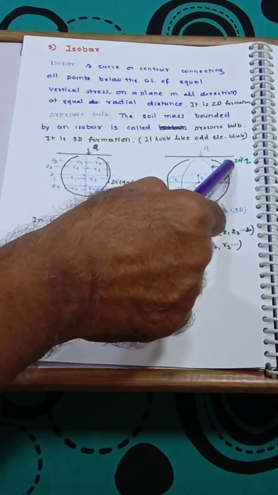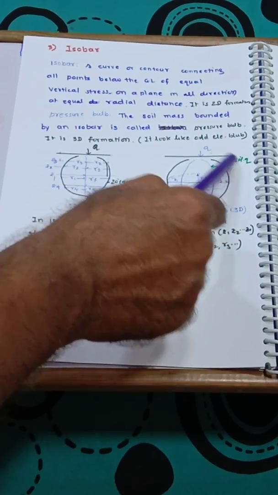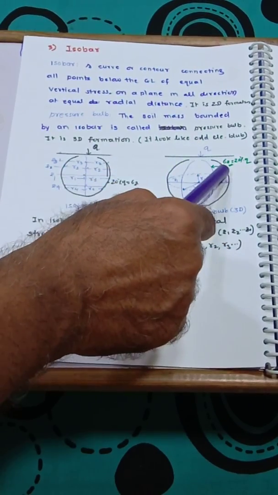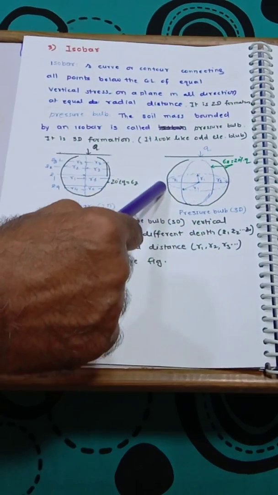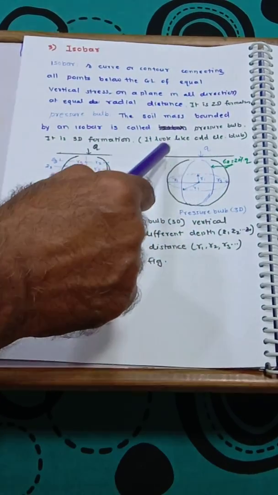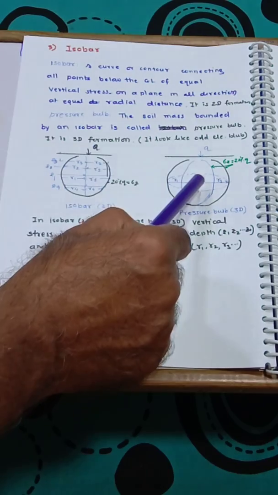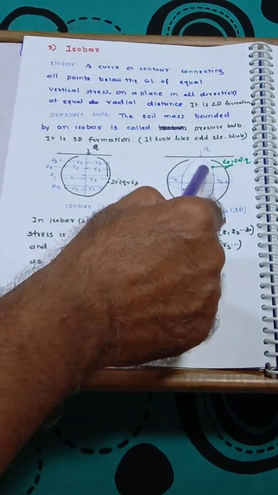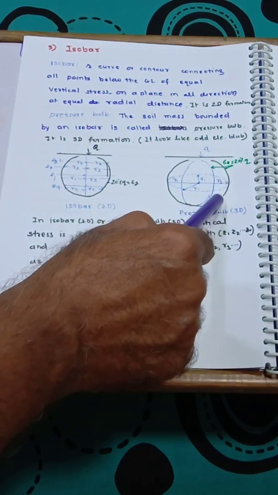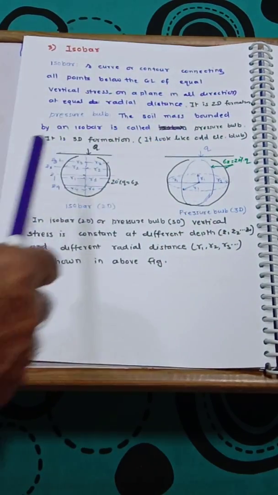Let us say in this example 20% of the load, whatever the load, 20% of that load, it means at all the points the stress is constant. What is varying? Z is varying and R is varying. For any circle I draw, I'll find the R at which the radial distance is the same. So there are two concepts.